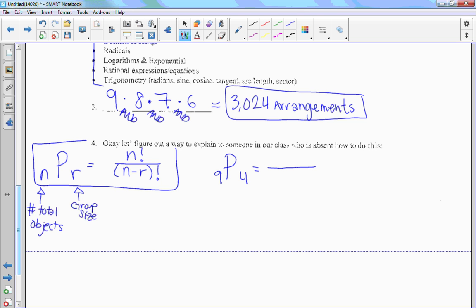Okay, so on the top goes n factorial. What goes on the top for n? 9 factorial. Good. And 9 minus 4 in the denominator, factorial. Okay, who can tell me what 9 factorial is? Simpson? That's 9 factorial.